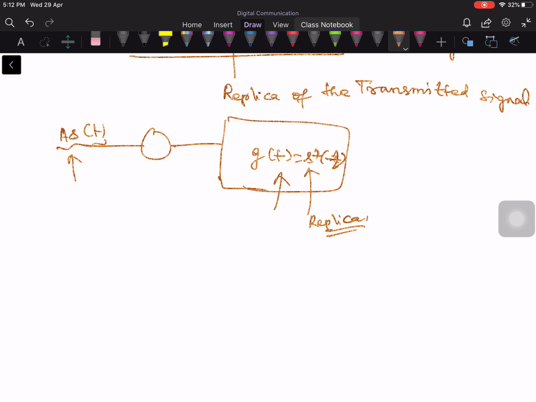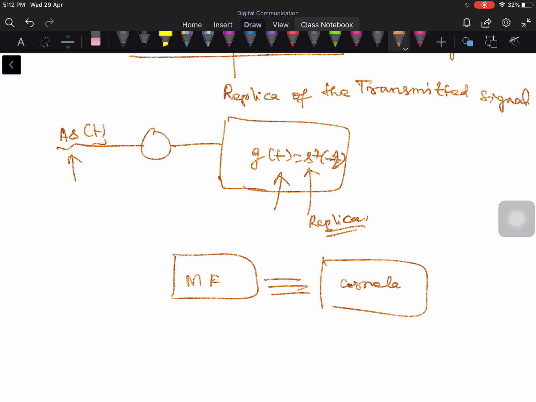So you could as well replace the matched filter for the purpose of the demodulation by a suitable correlator. So the matched filter is replaced by correlator. You multiply the two signals, the received signal and the replica of the transmitted signal, and then do the integration over the symbol interval.